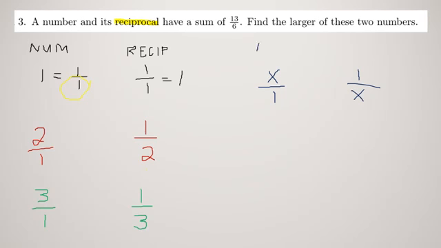So, ibig sabihin, ang reciprocal ng x ay 1 over x. So, ito ang gagamitin natin sa form ng equation for number 3. And that will be the next part of this video.